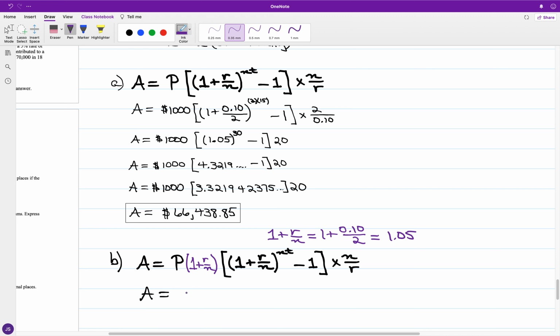What I have here is 1.05, 5% more than the minimum. So you have 1.05 times 66,438.85.